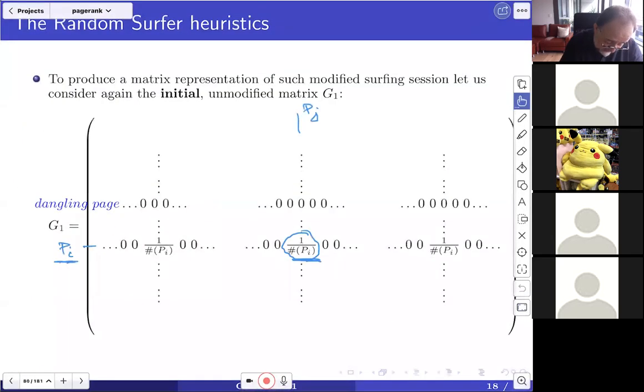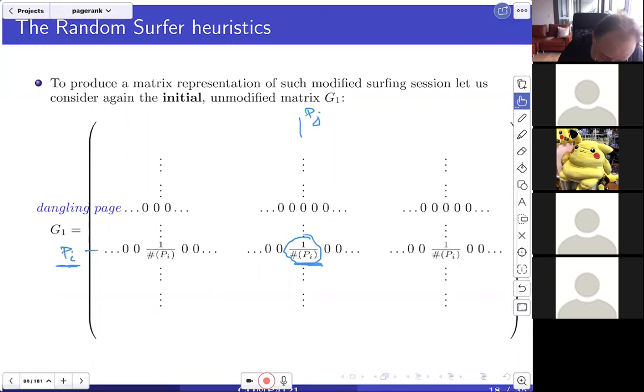Okay, so this is the original matrix representation of the equations. If we denote ranks by, how did we do it?